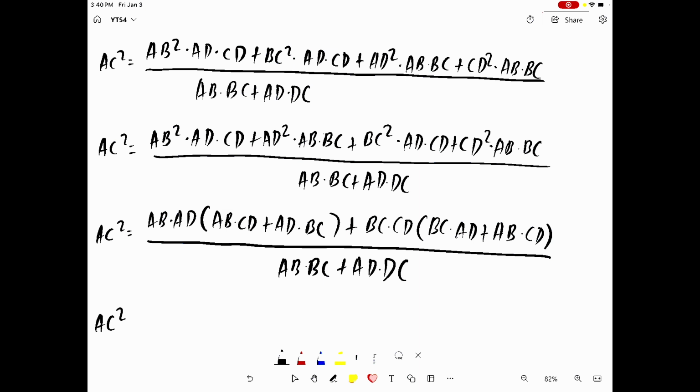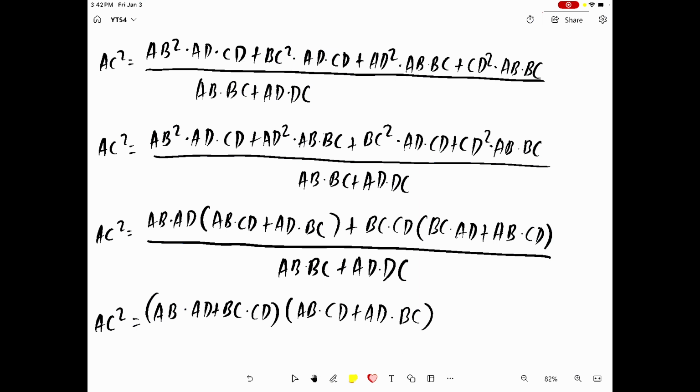AC squared is equal to AB times AD plus BC times CD times AB times CD plus AD times BC, and all of that divided by AB times BC plus AD times DC. Sorry, not BC, times DC. Now, this is a very good point, and we're just going to drag this onto the next slide.